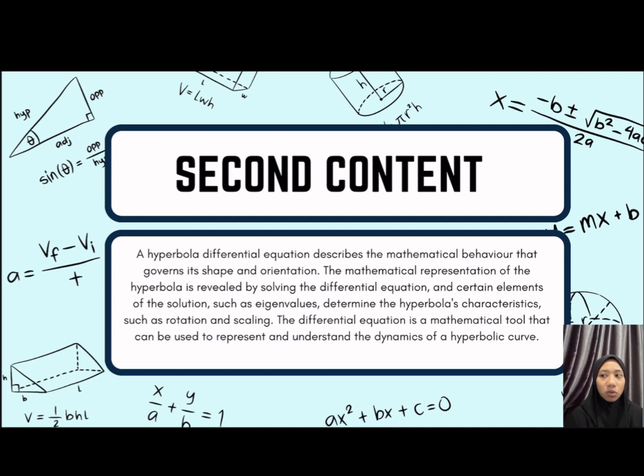The differential equation is a mathematical tool that can be used to represent and understand the dynamics of a hyperbolic curve. Based on the specific differential equation of the question before, a hyperbola graph can be produced by obtaining eigenvalues and eigenvectors and connecting them with a rotated conic equation.